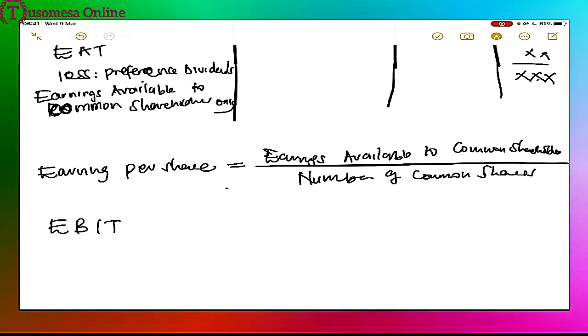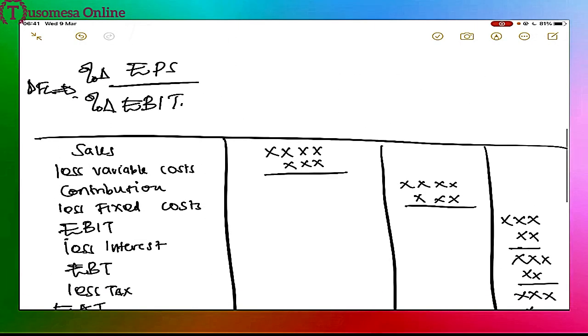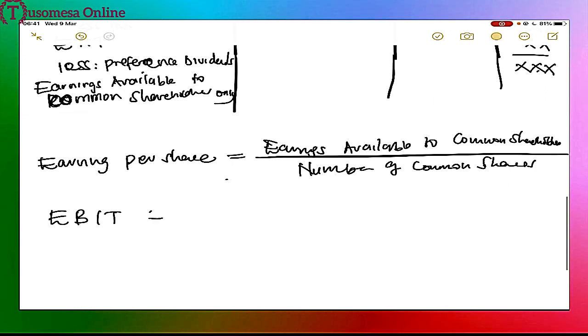So you know how to calculate earning per share, and you know how to calculate the earning before interest and tax. Earning before interest and tax was got by saying sales minus variable costs, which gives you contribution, then minus fixed costs.